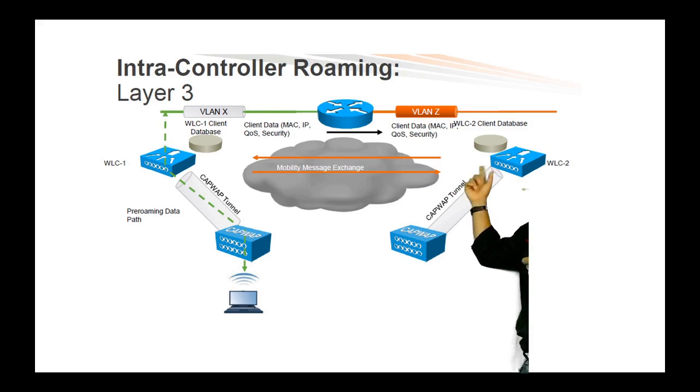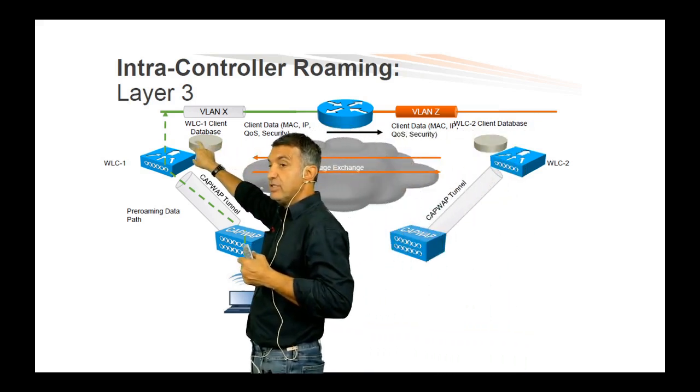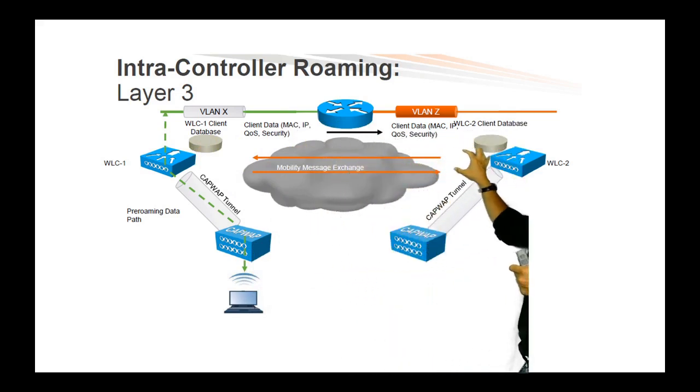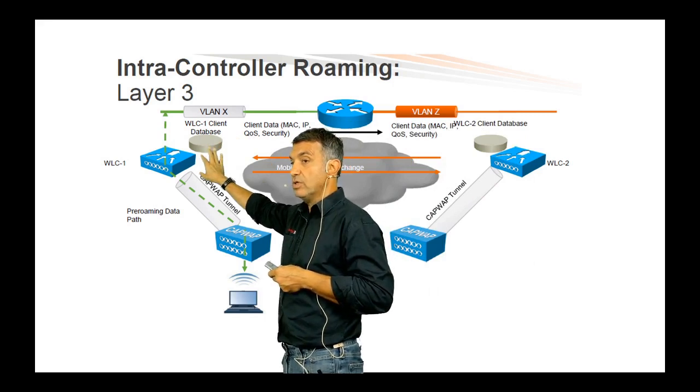It will tunnel the traffic to the first controller. It means this new controller is something like a foreign controller for the client. It will just retunnel the client traffic to the original controller where the client was connected.